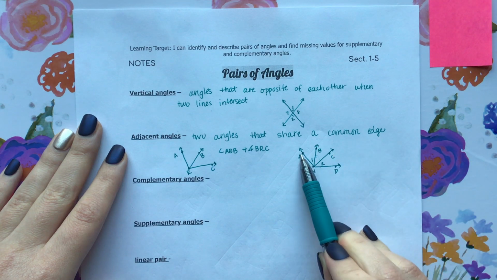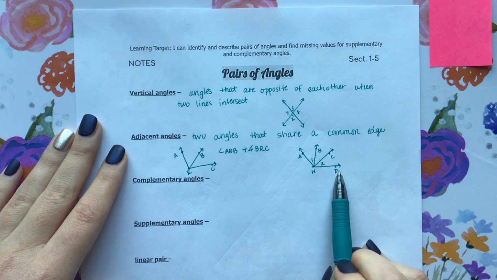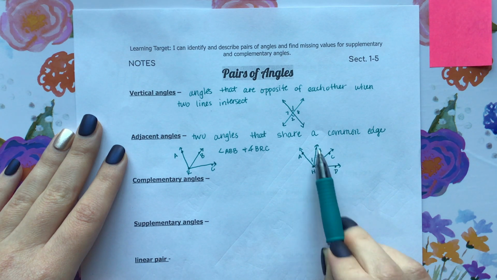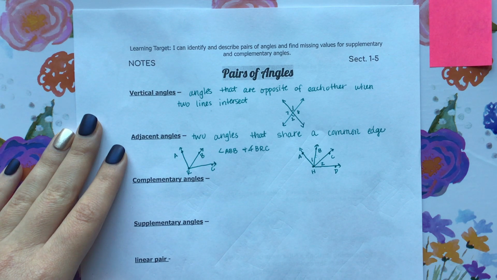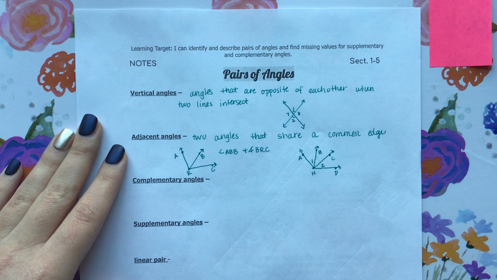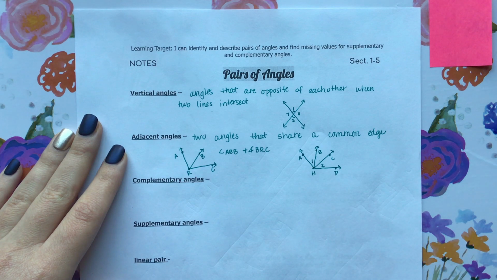But we could say that AHB and BHD are adjacent because that's including the whole angle. So you just have to look at your image and determine if they have that shared ray in the middle of them to know if they're adjacent or not.